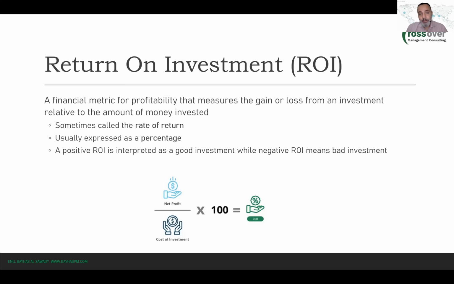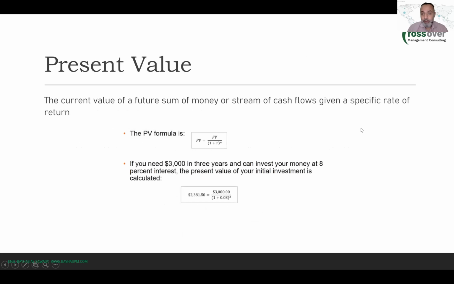Now, this is a very easy measure, and most of the time it's very easy also to calculate, but it's not the best metric to use. We will see there are also other metrics that are more accurate than this. It's not time dependent, and that's why it's not the best measure to use. That's why there are other accurate measures, okay?